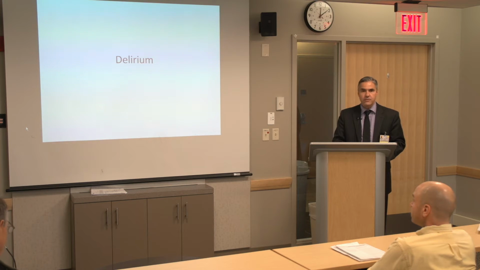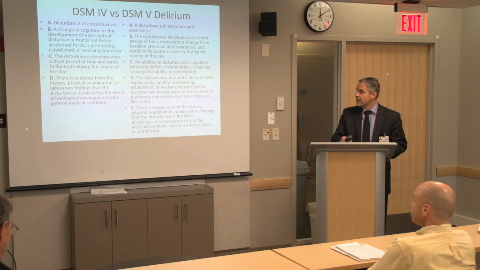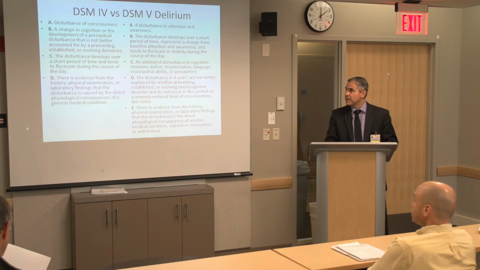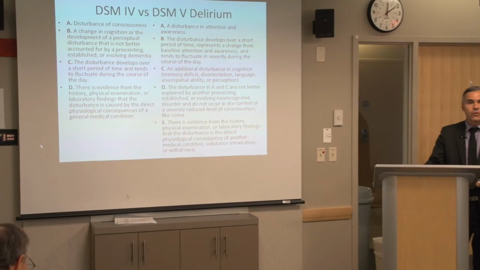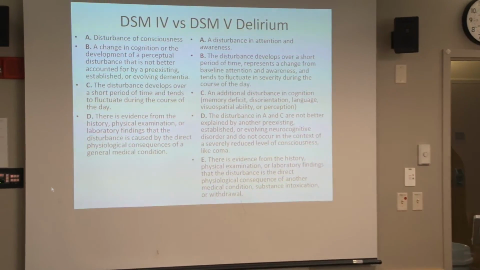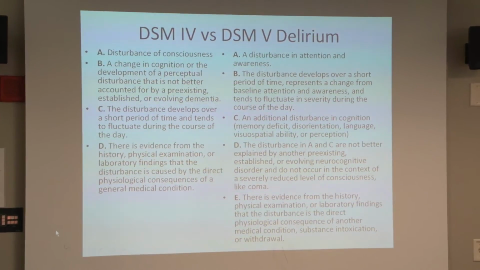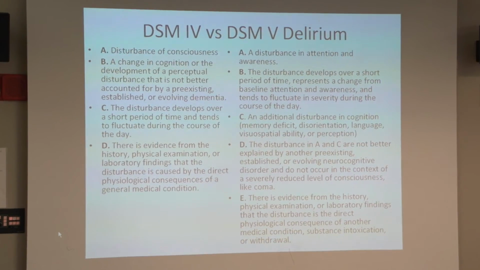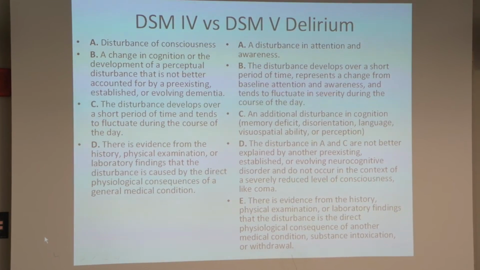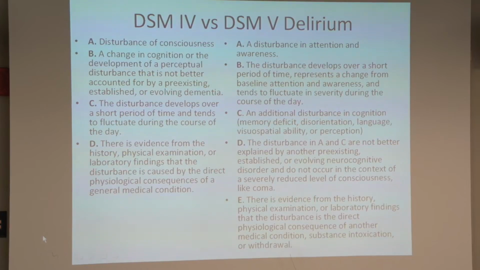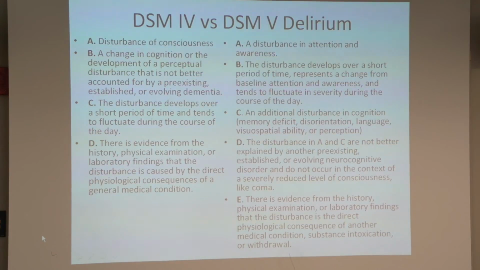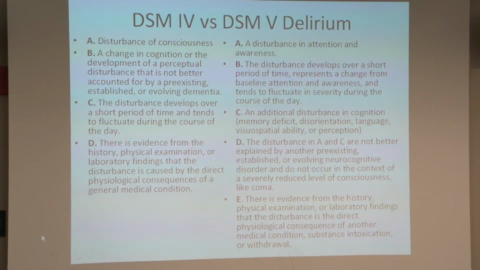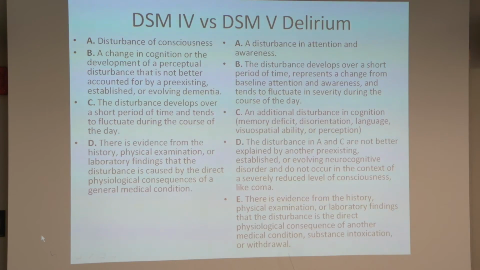So first off is delirium. And what I've done in this slide is I've compared, on the left, the DSM-4 criteria for delirium, and on the right, the DSM-5 criteria. And the difference introduces you to the theme overall of the evolution from DSM-4 to DSM-5. DSM-5 is much more clinically neuropsychiatric.